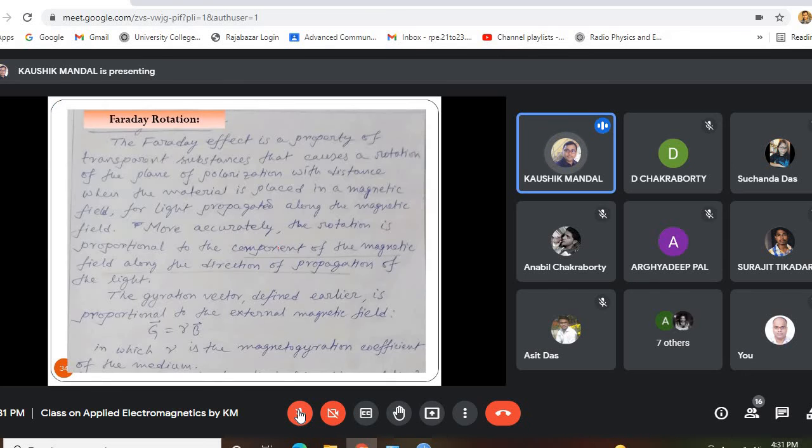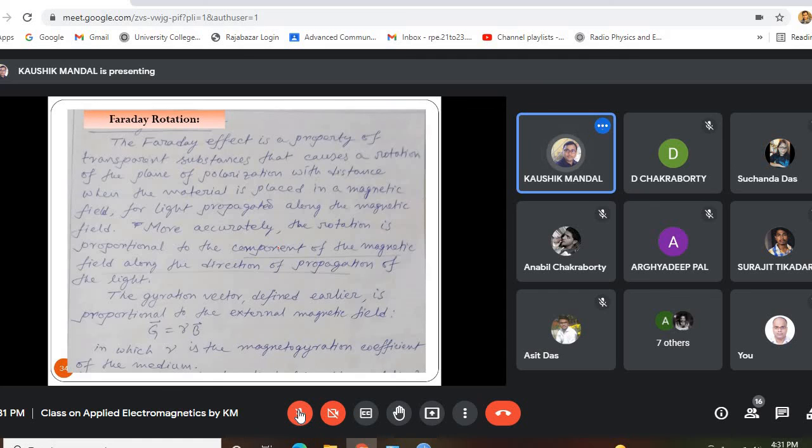Now come to the next one, the special type of optical activity known as Faraday rotation. That is also a case of rotation of the plane of polarization, but the situation is quite different.